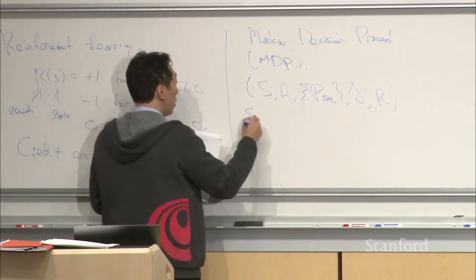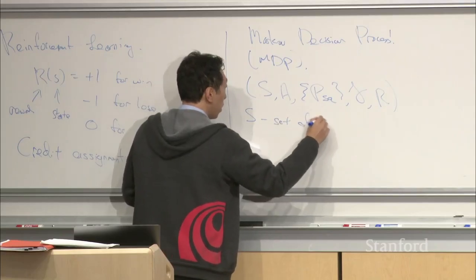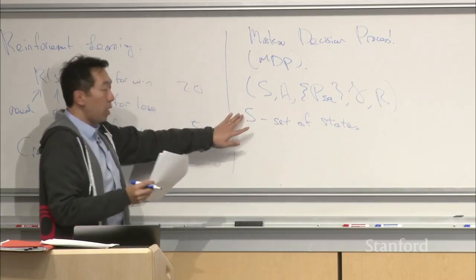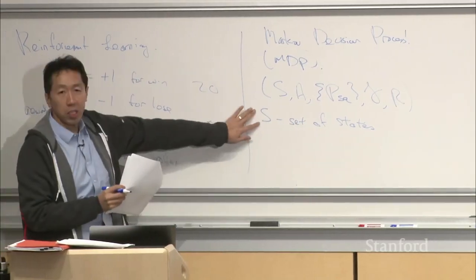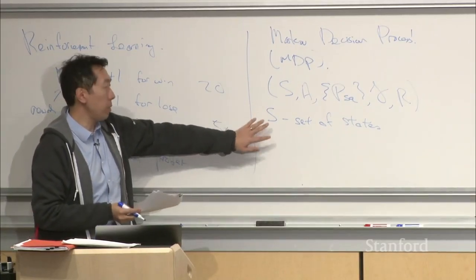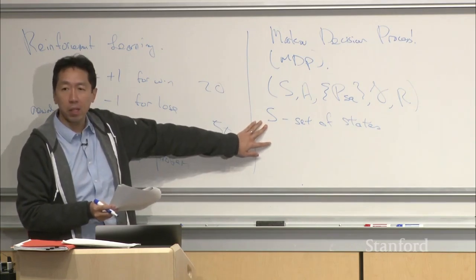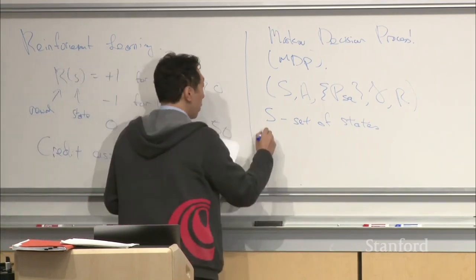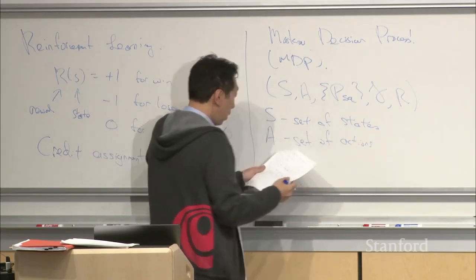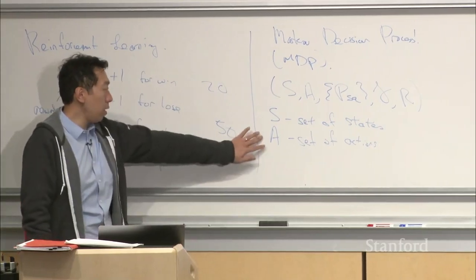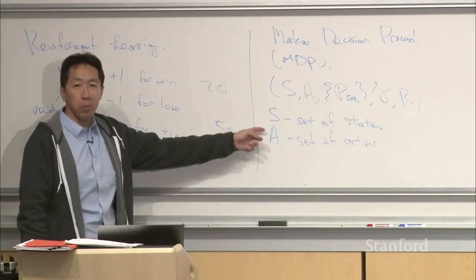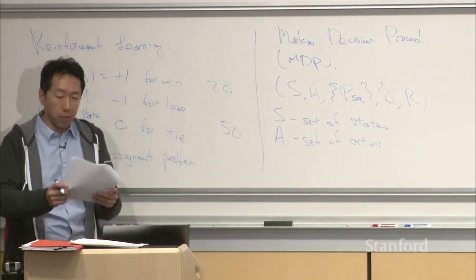S is a set of states. For example, in chess, this would be the set of all possible chess positions, or in flying a helicopter, the set of all the possible positions, orientations, and velocities of your helicopter. A is a set of actions. For the helicopter, this would be all the positions you could move your control sticks, or in chess, all the moves you could make.